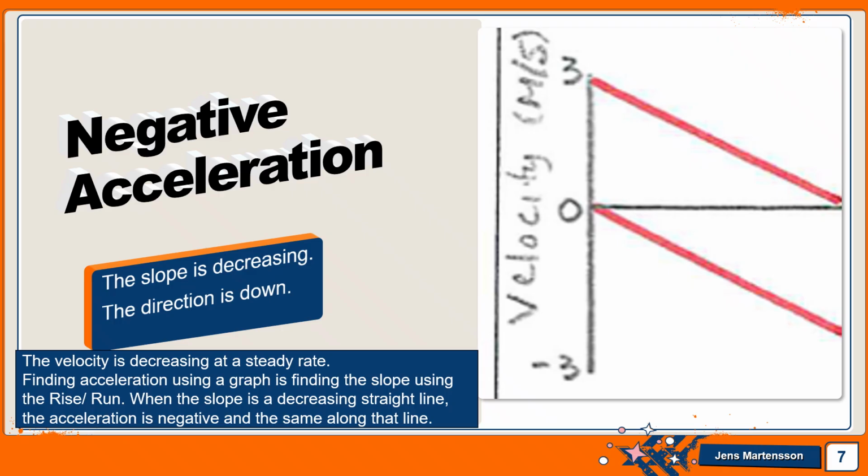Again, any point that you choose along the rise over the run should give you an acceleration that is going down in the negative direction.